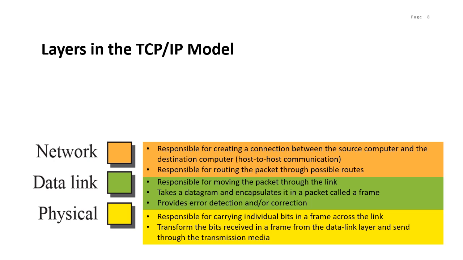The communication at the network layer is host to host. However, since there can be several routers from the source to the destination, the routers in the path are responsible for choosing the best route for each packet. We can say that the network layer is responsible for host to host communication and routing the packet through possible routes.